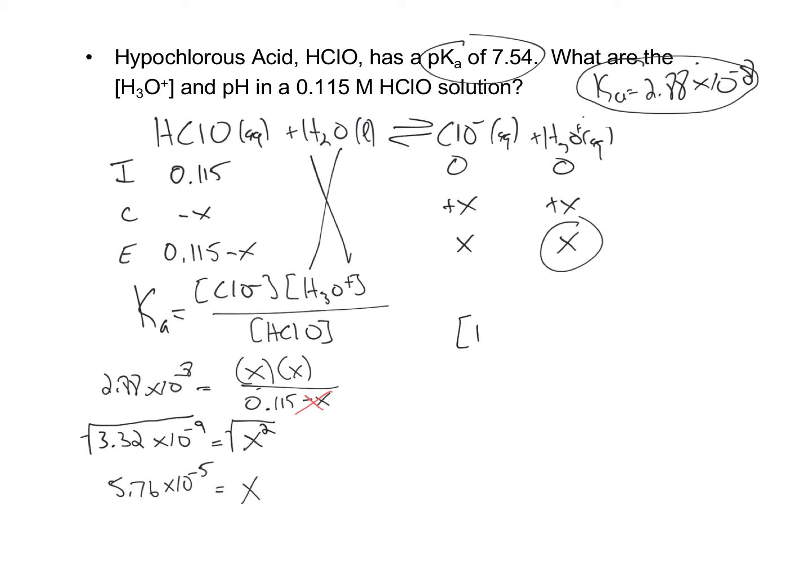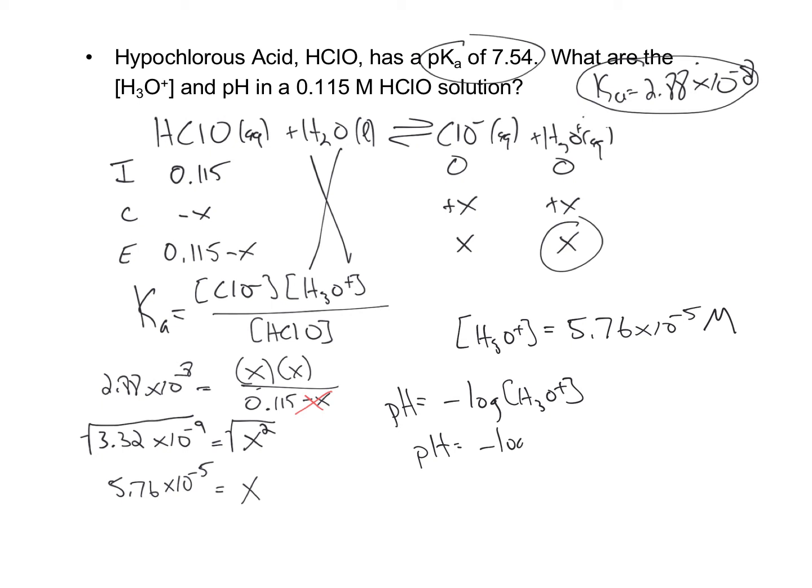So to get the pH, I just need to take the negative log of that. And so then that gives our pH, which is what the problem was asking for, of 4.24.